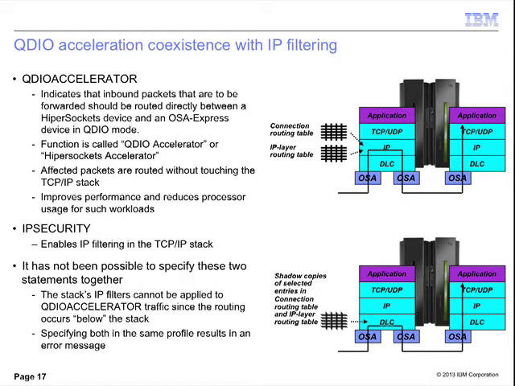The next chart is something that has been a fairly significant customer requirement. QDIO acceleration was introduced in V1R11. And it's a really nice concept because if you look at the top picture and compare it to the bottom picture, the idea is that if you're routing packets from QDIO adapter to QDIO adapter, say from an OSA to OSA or OSA to hypersockets, what we can do is push down enough routing information into the data link control layer to let the DLC layer do adapter to adapter routing without going up through the IP layer.